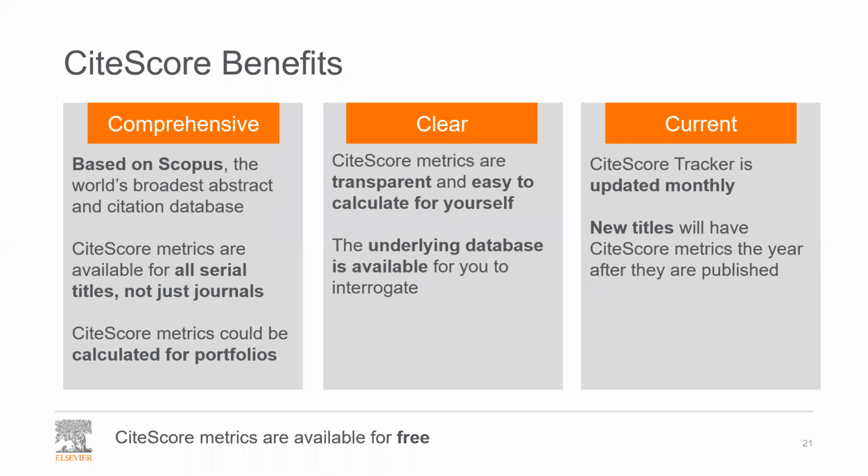So as simple as that, you can do it by yourself, and the underlying database is available for you to interrogate. The CiteScore Tracker is updated every month, so you can check the fluctuations of the CiteScore metrics of the journals. And a new title will also have a CiteScore metric a year after it is published.